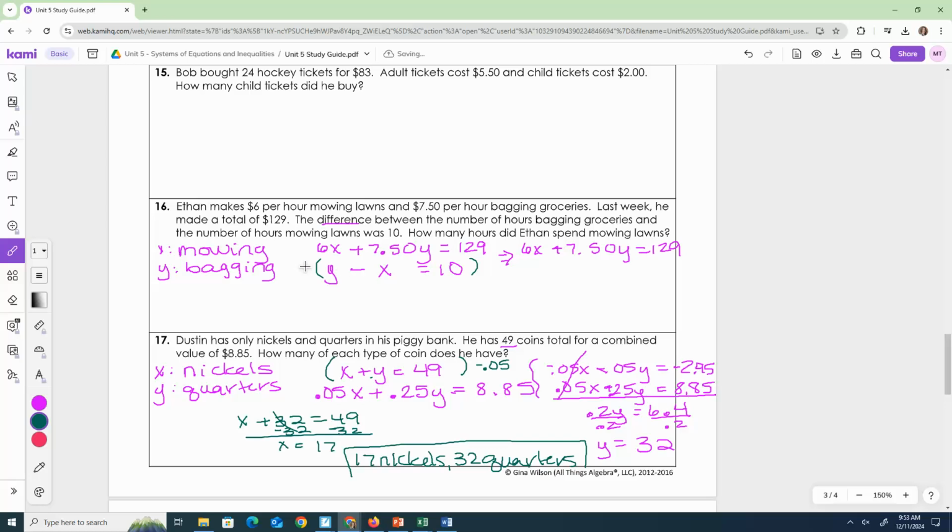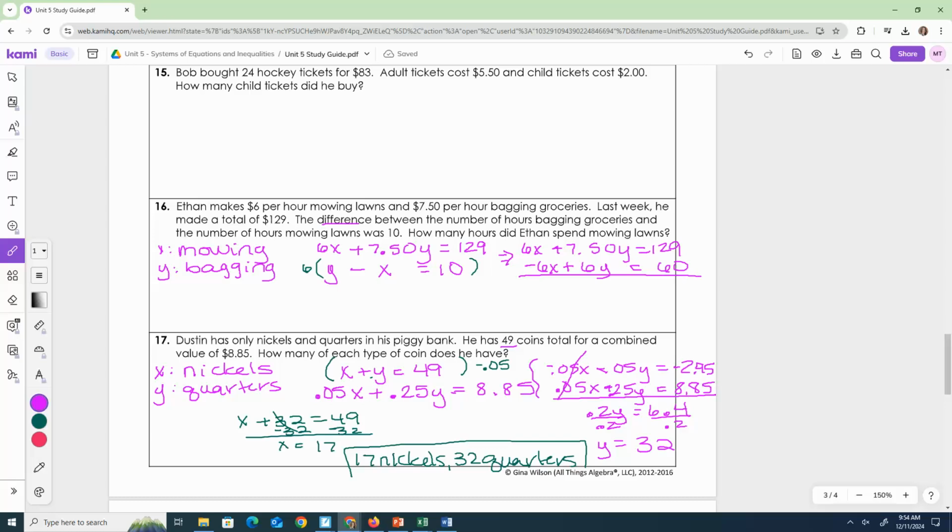It's already negative, so we could do a positive 6. Can I flip my order as I do that? So 6y, I'm just going to put that under my y. Negative 6x, I'm going to write that under my x. So I just reordered it just so that when I add things line up. It makes it a little bit easier to look at.